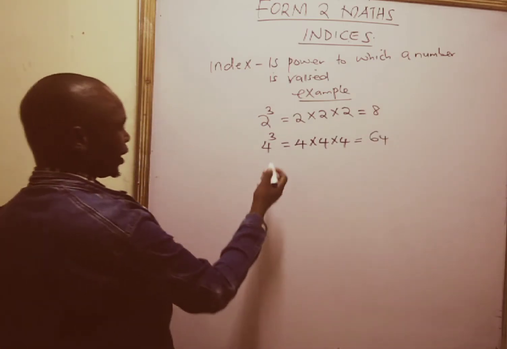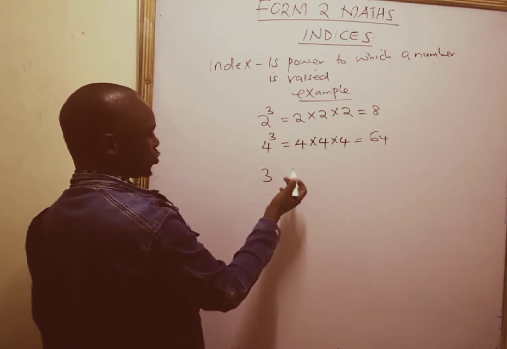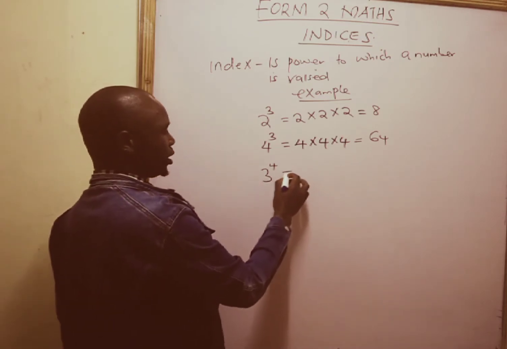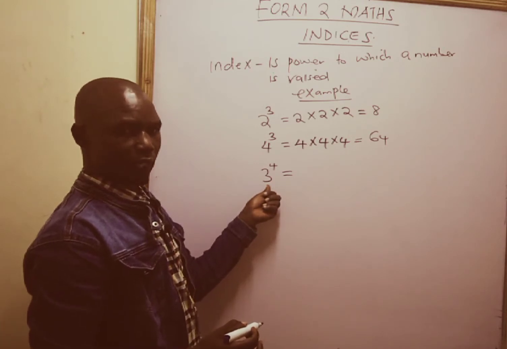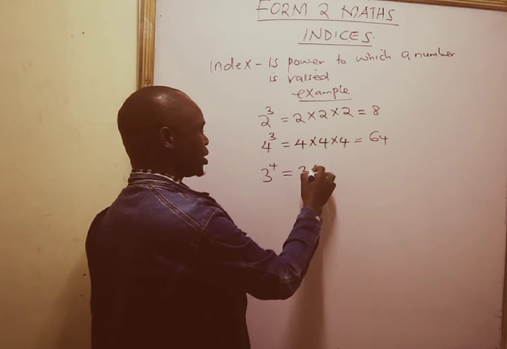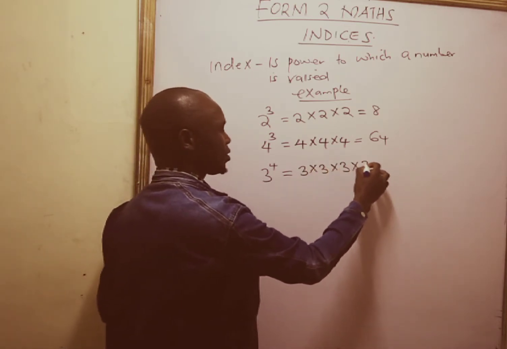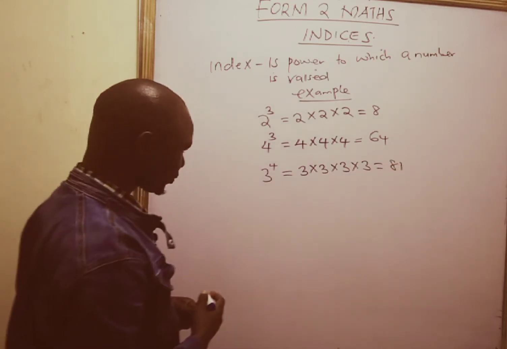What if we have a number like 3 raised to power, for example, 4? 3 raised to power 4 means you take 3, you multiply by itself 4 times. That is, we have 3 times 3 times 3 times 3, which gives us 81.